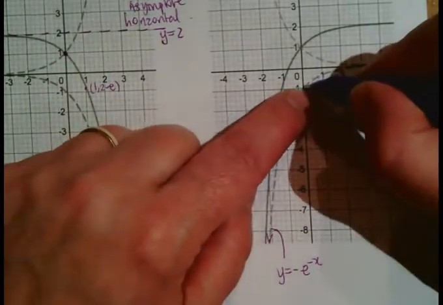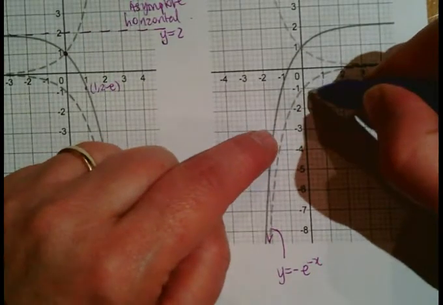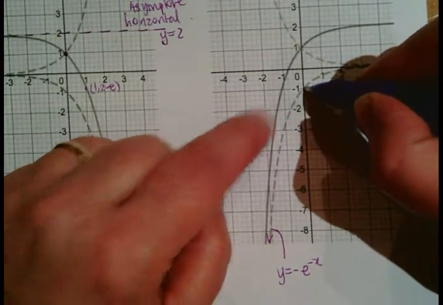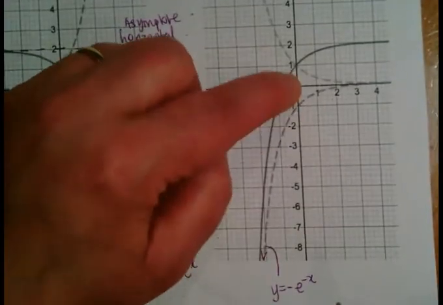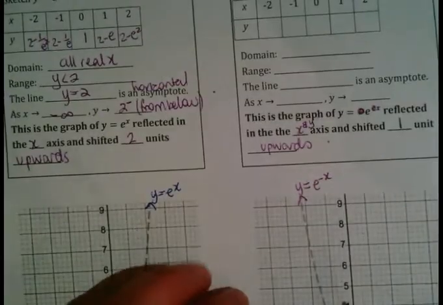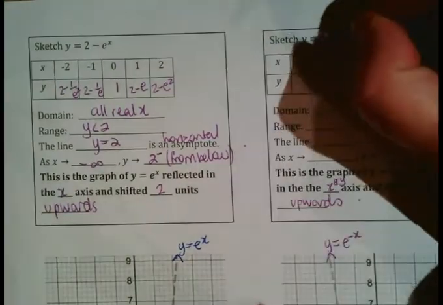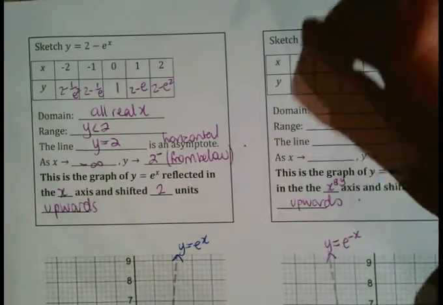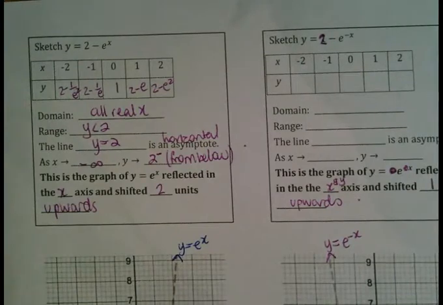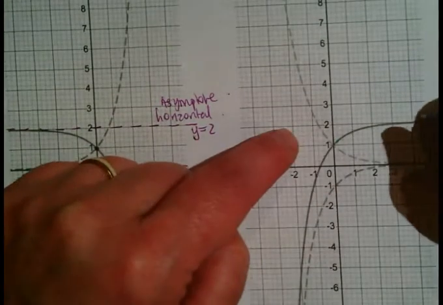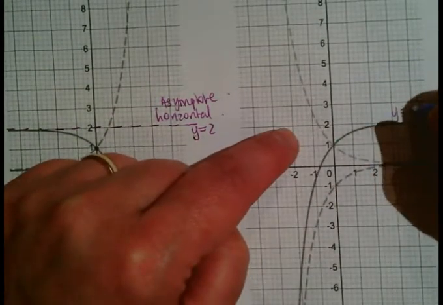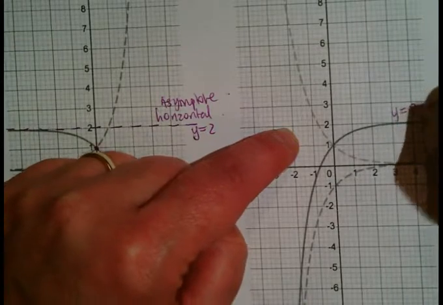And then that is then shifted up. Sorry. And look, that obviously has been shifted up 2 units. So can you just go back and change this to 2 minus e to the negative x? So that's clearly been shifted from this dotted line up 2 units. So this graph here is y equals 2 minus e to the negative x.